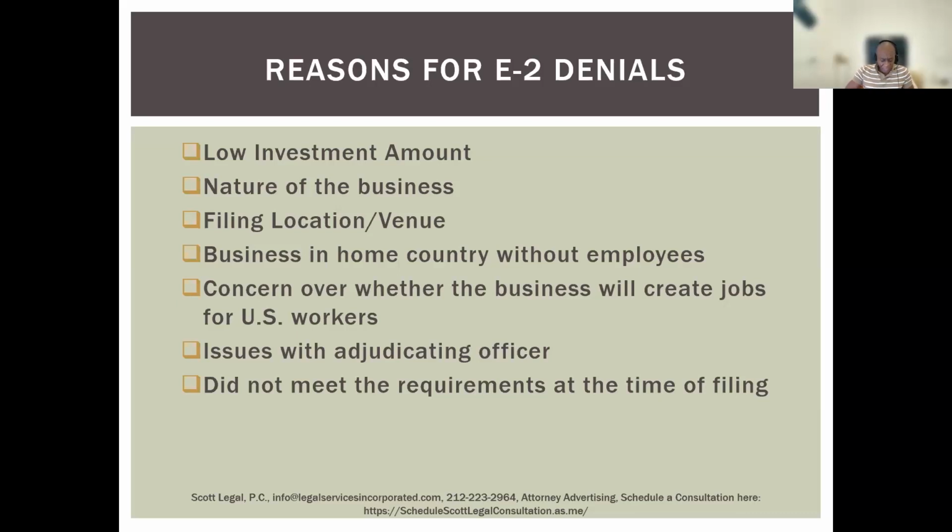The other thing that happens, and this doesn't happen when you use a lawyer, but for people who don't use a lawyer, is that they just aren't actually eligible at the time of filing. Whether they have seller financing, or there's something in their file that makes it absolutely obvious that they're not eligible. Even in some cases they're applying and they're not from a treaty country.